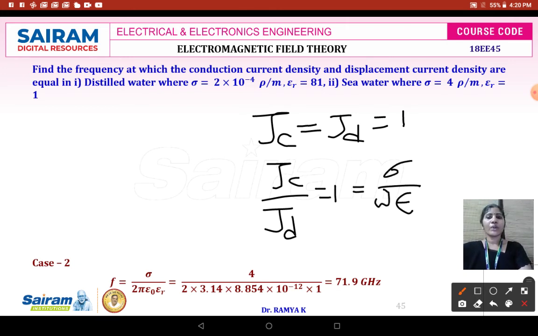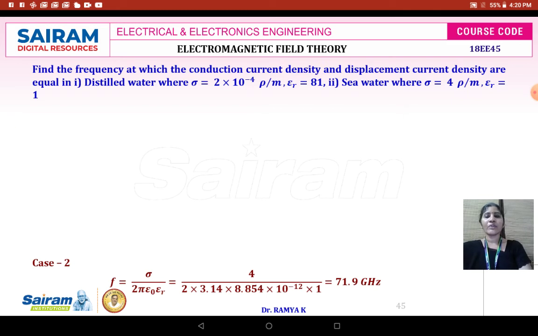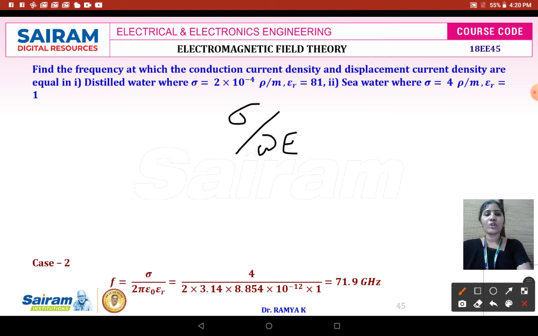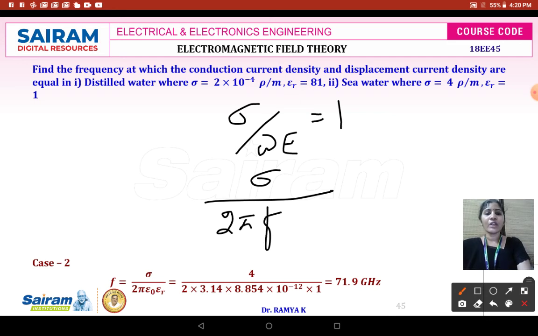Therefore sigma divided by omega epsilon is equal to 1, that is, sigma divided by 2 pi f into epsilon is equal to 1.